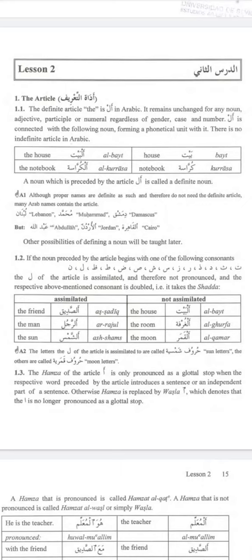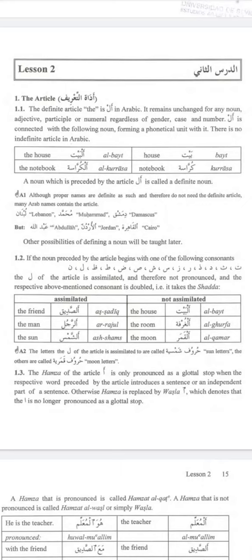And the last one is harf. Harf is like the English conjunction and preposition that is used to join words together, and it's mainly used for joining words together.